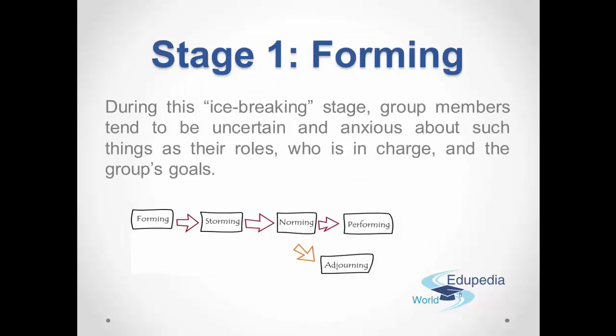Now coming to the first stage, forming. During this ice-breaking stage, group members tend to be uncertain and anxious about such things as their roles, who is in charge, and the group goals. At this stage, mutual trust is low, and there is a good deal of holding back to see who takes charge and how.